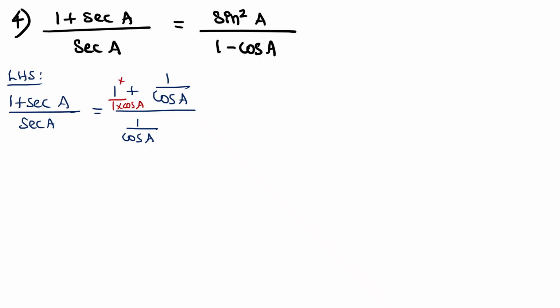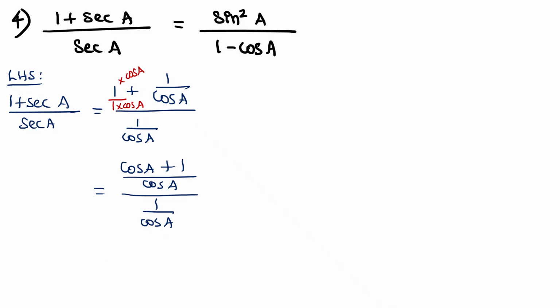Multiply by cos A, so you will get cos A plus 1 by cos A, that whole divided by 1 by cos A.